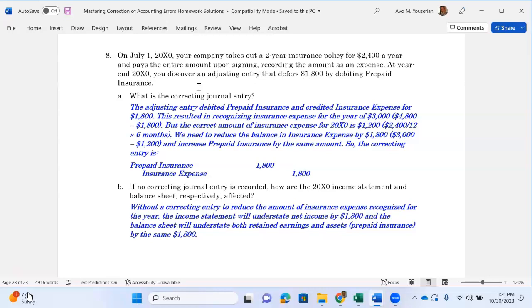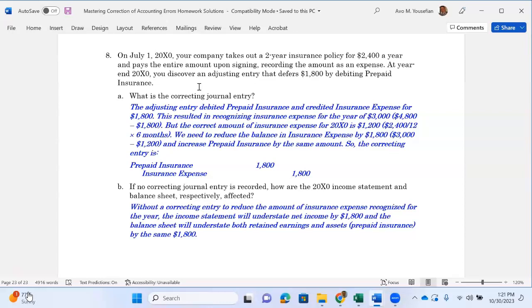So that's 6 months of insurance. $2,400 a year, so let's do that. $2,400 divided by 12 months, that's $200 a month times 6 months. That's $1,200 of insurance expense that we need to have.